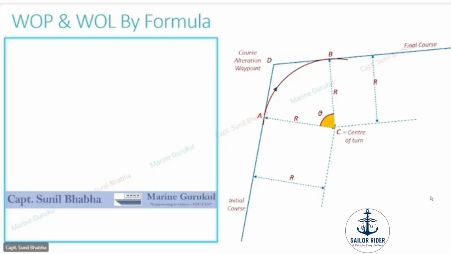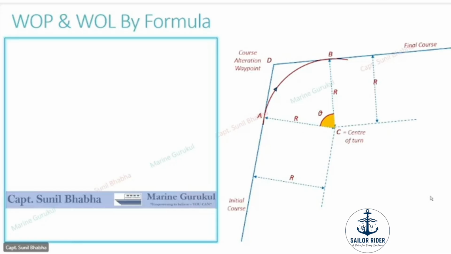If the ship is in open sea, there are no navigational dangers close by, you may decide not to plot the curved path. But the wheel over line and the wheel over point should be marked in all the cases, in all the alterations, because the wheel over point and wheel over line are important references which tell us exactly the moment at which the alteration should be started.